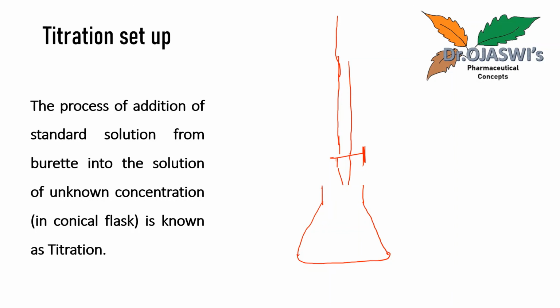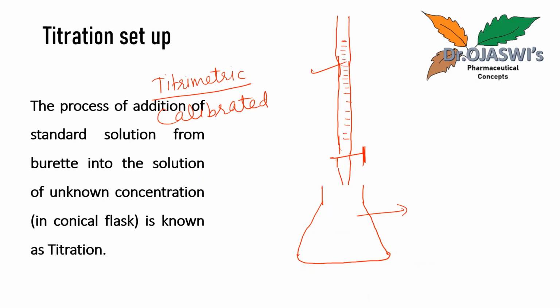Usually the glasswares which we use for titrimetric analysis should be calibrated. So this burette should be calibrated. The beakers and conical flasks which we use are fabricated for approximate volumes, but the pipettes and burettes are expected to be calibrated.